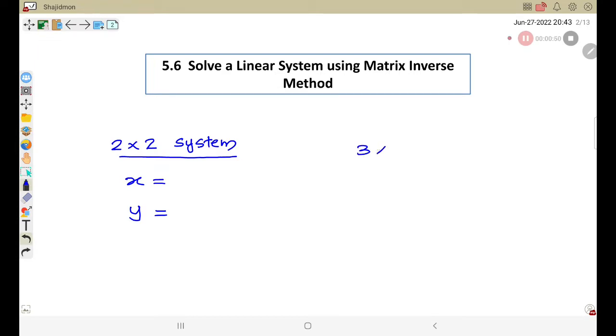Similarly, how to find the solution of a 3 by 3 system of equations by the matrix inverse method. 3 by 3 means 3 equations and 3 unknowns, correct? So we need to calculate the x value, y value and z value. These two we are mainly concentrating on here. The same idea we can extend to the n by n system. Okay, so we will start the topic with the 2 by 2 system first.